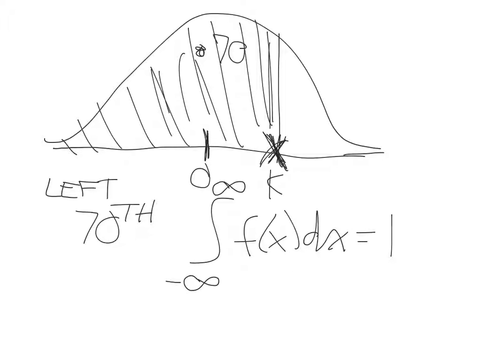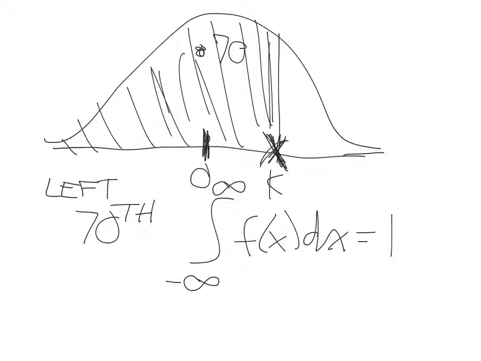But I also know that the normal curve is symmetric about the mean. The mean on the standard normal, which we're dealing with, is at 0. So what happens to the left of 0 happens to the right of 0 identically.